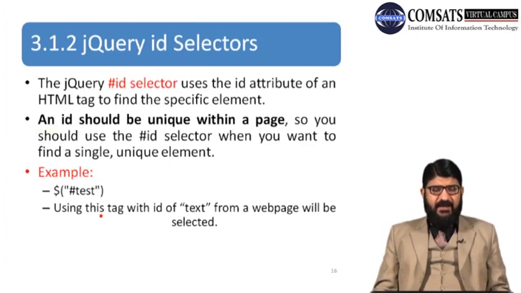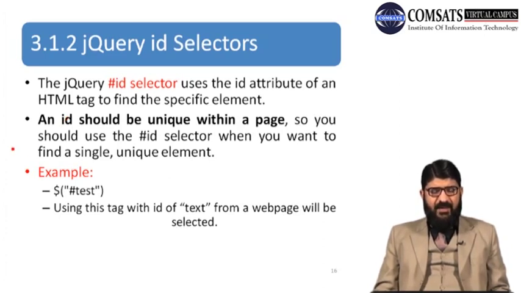The jQuery ID selector. The jQuery ID selector uses the ID attribute of an HTML tag to find a particular element. So we have come to know that if #id is used, then we can access an element with that ID.